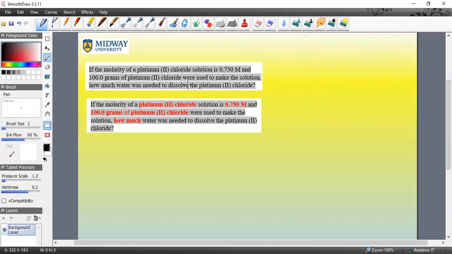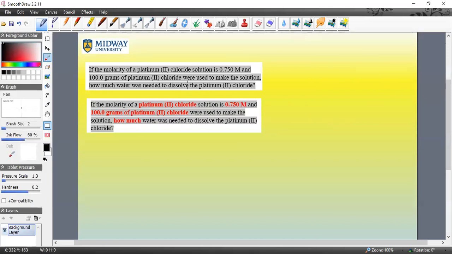Typically I underline the compound, that's my solute, and I underline the concentration that's given, which is molarity, uppercase M, and I underline the mass of the substance, and then what it is asking you to do is how much water.